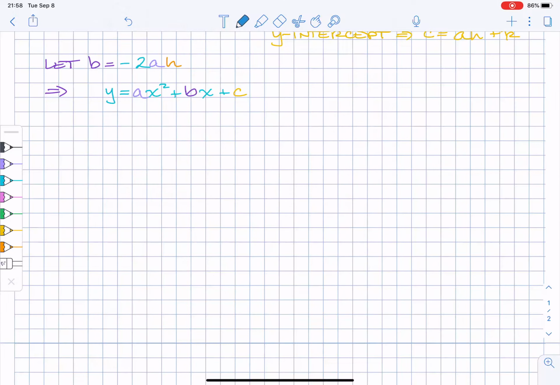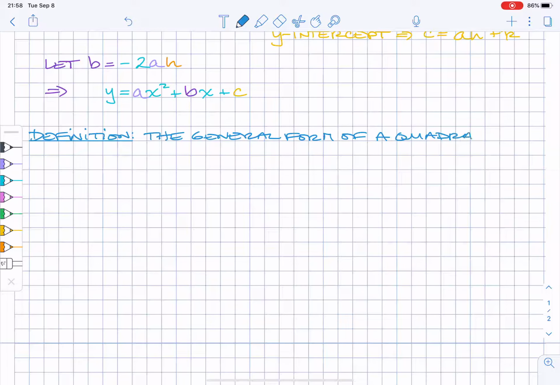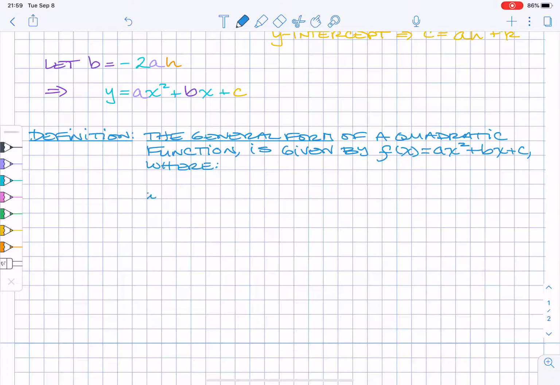So definition. Okay, so the general form of a quadratic function, that's what we're defining, the general form of a quadratic function is given by f of x is equal to ax squared plus bx plus c, where number one, a is the vertical stretch.